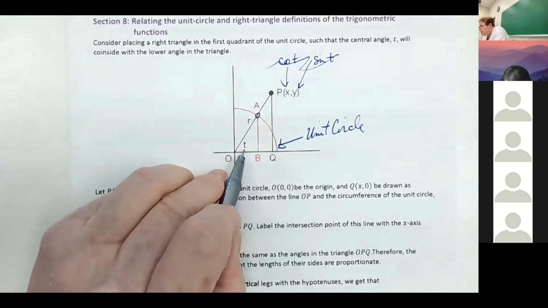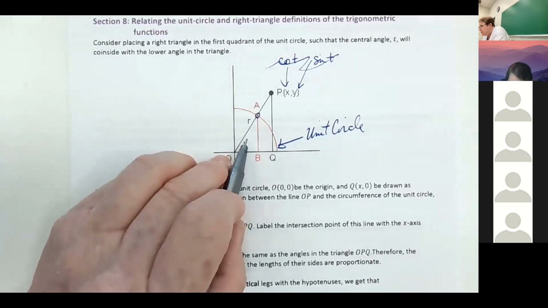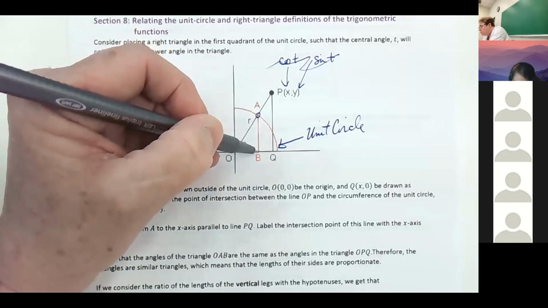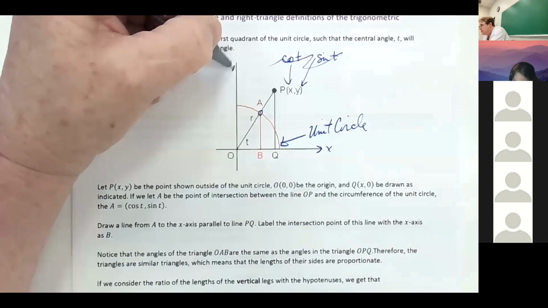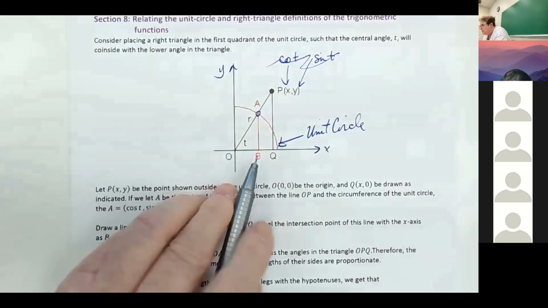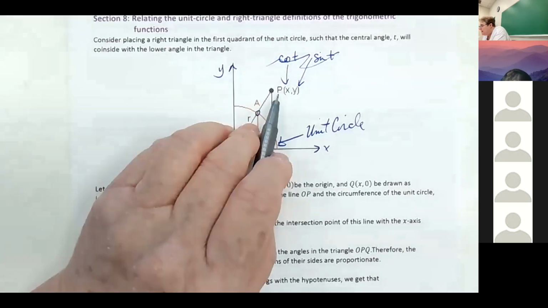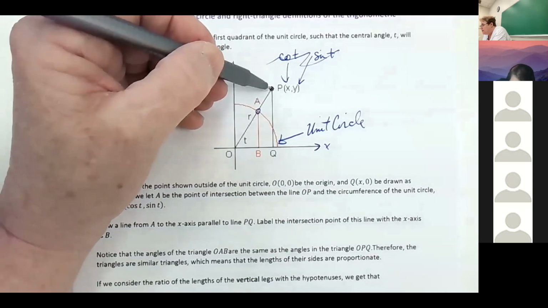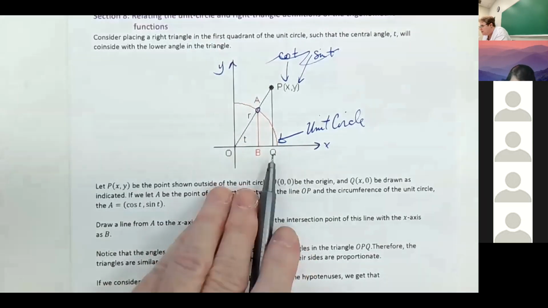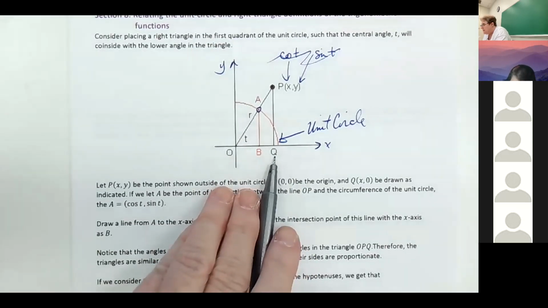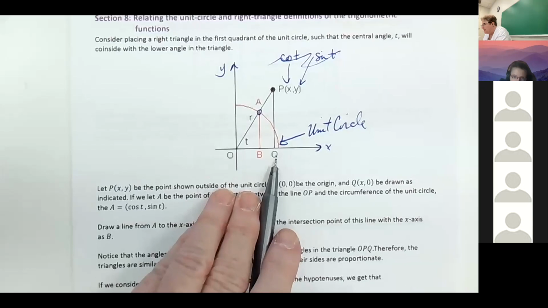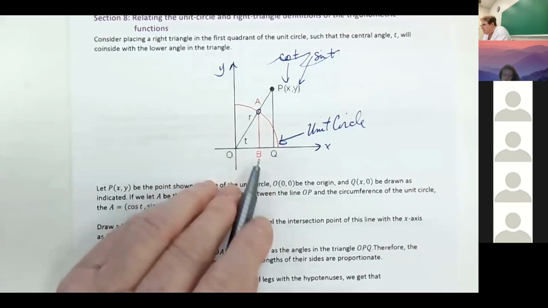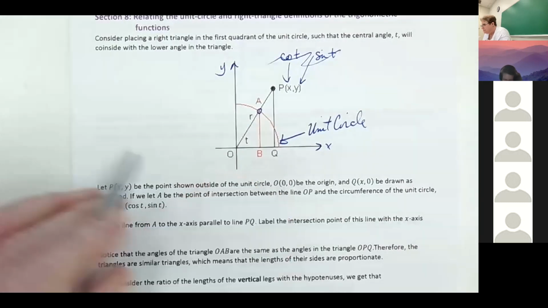We've got this angle T. If you start at point A and go vertically down to the x-axis, you get point B. And then we've got a point P of x comma y. If you start at point P and go vertically down, you get to point Q. So we have 2 triangles we're going to look at. O is the origin, OAB and OPQ.